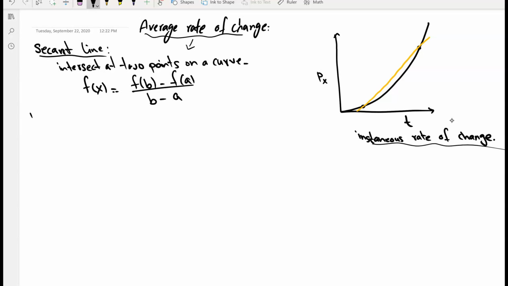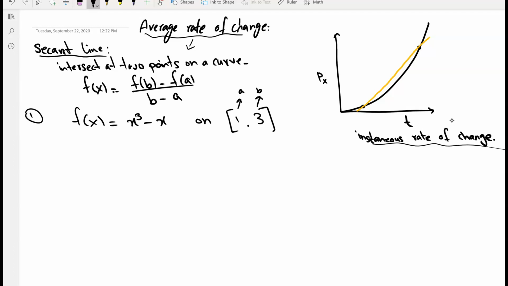Now let me give you an example. Example 1 is f of x equals x cubed minus x on the interval 1 and 3. In this question, this value will be a, this value will be b.